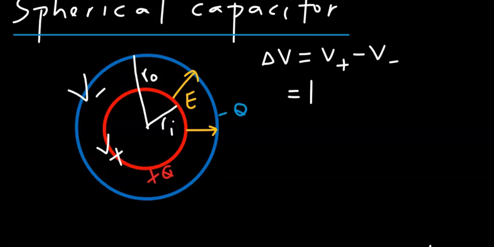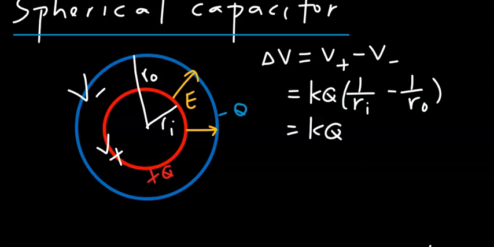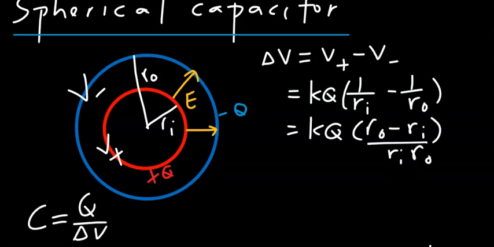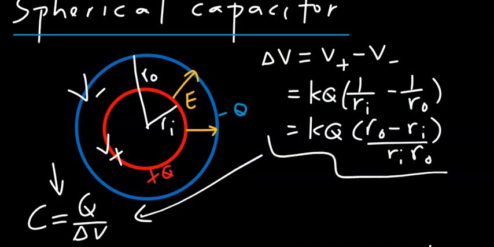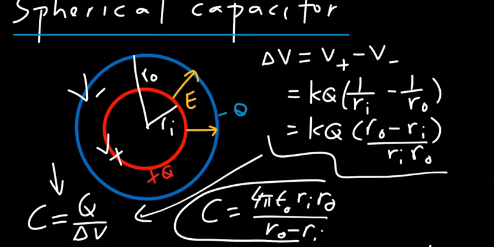In exact terms, it's KQ times (1 over Ri minus 1 over Ro), which is quite simply KQ (Ro minus Ri) over Ri times Ro. Since capacitance is given by that ratio, rearranging this equation, we get the capacitance of a spherical capacitor to be that.